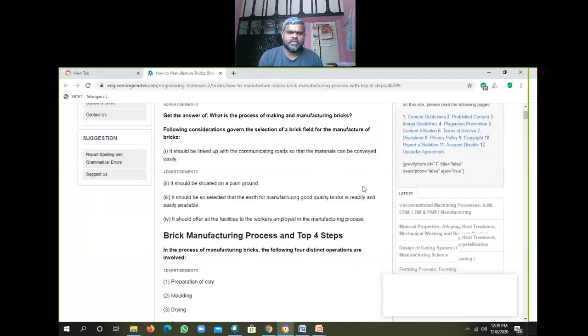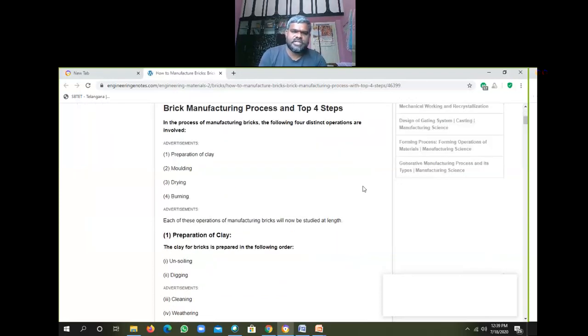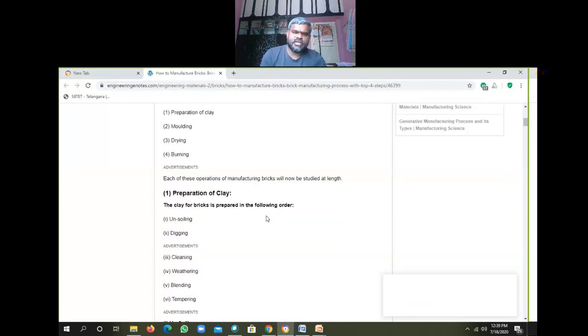As per this article, there are four steps majorly involved in manufacturing of bricks: preparation of clay, molding, drying, and burning. Preparation involves soiling and unsoiling. These are what we have seen.